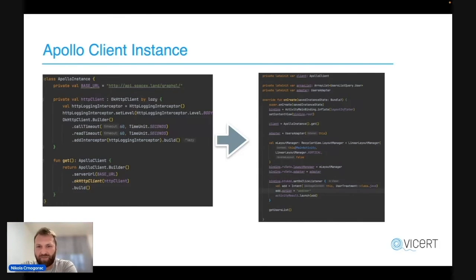I made some kind of setup here where we have a binding of all the widgets in the view, and we have a client variable that calls Apollo instance.get. So after this call, Apollo is instantiated in this class. This is a rough look; in real circumstances, we will use Dagger 2 or Dagger Hilt or even Koin if someone likes it.